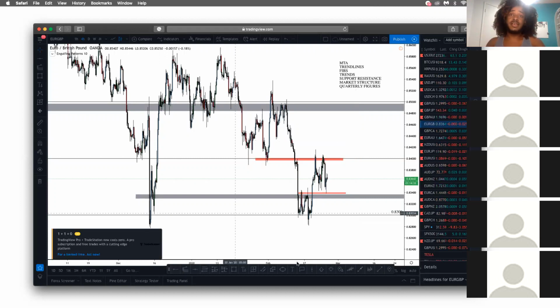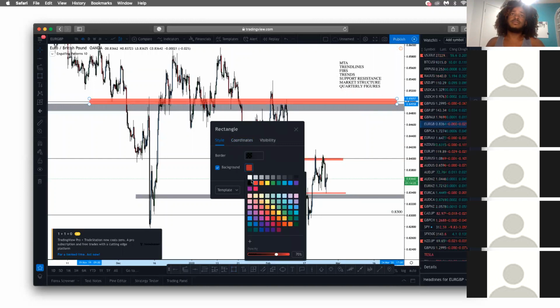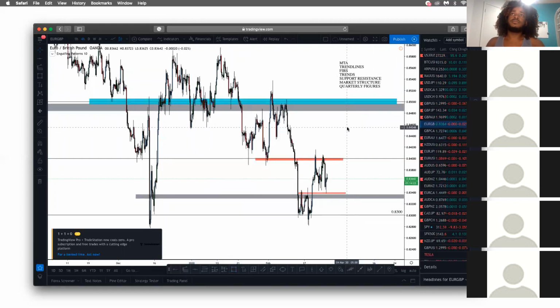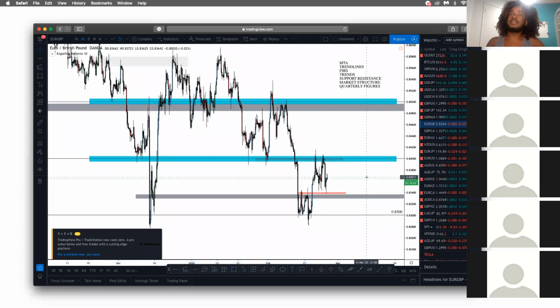Because as you can see here, if we highlight the quarterly level, I want to highlight it in blue, we could see the market reacting to these levels, right?